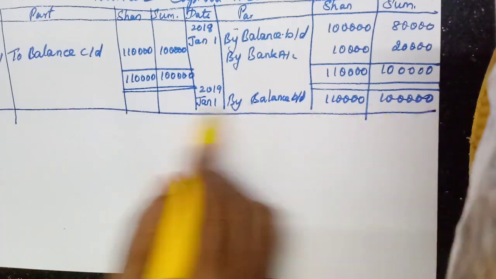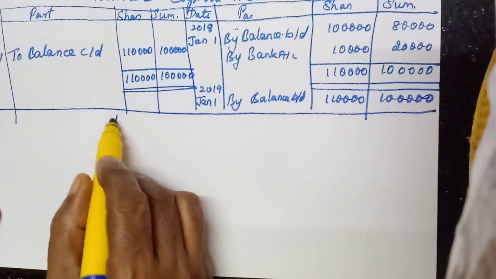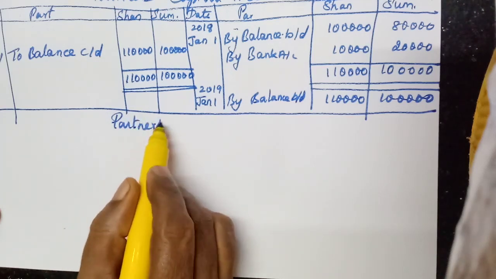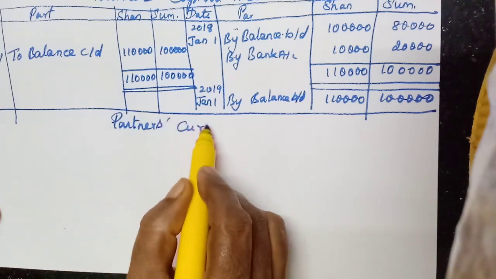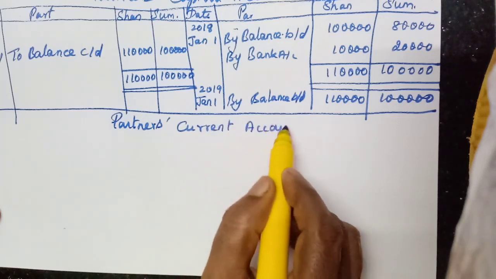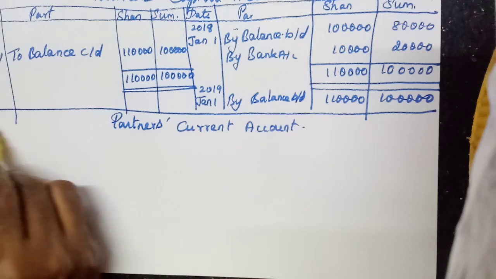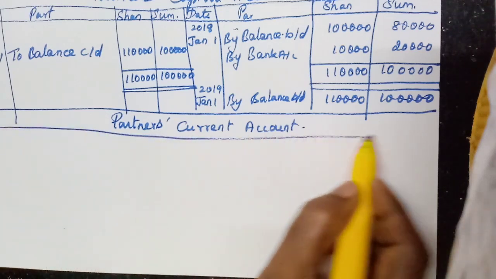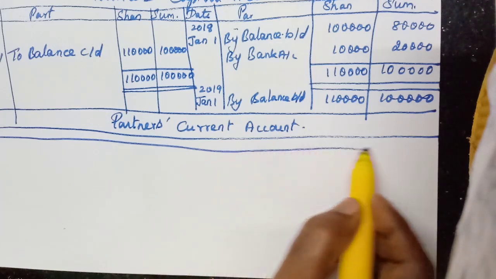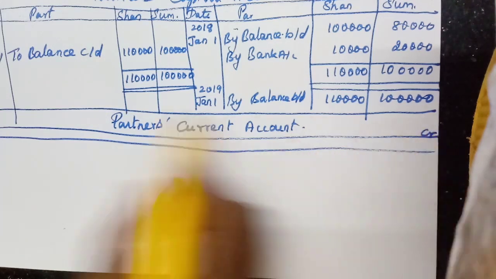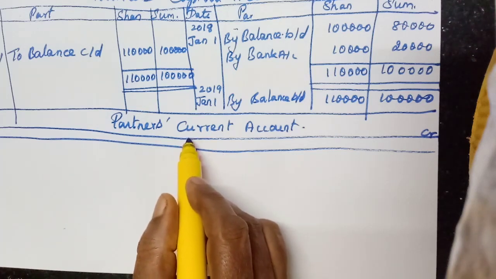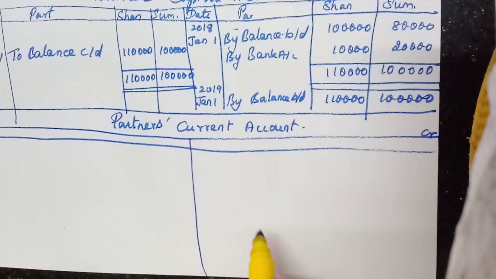Now what is the next account? Partners' current account. Here only we are going to make all the other adjustments. Particulars column, double line, up you have to write debit, credit. Divide it into two, using both the pages.